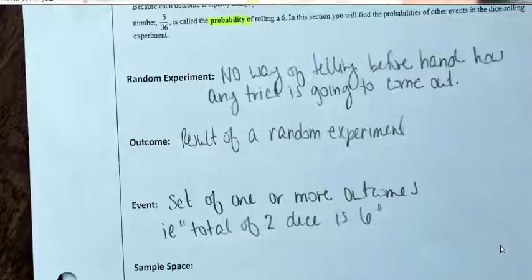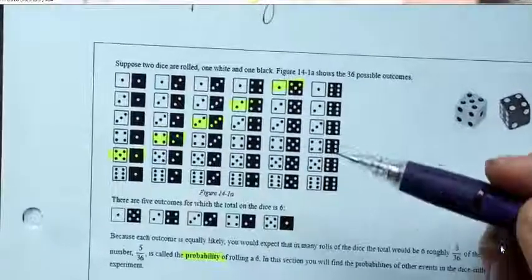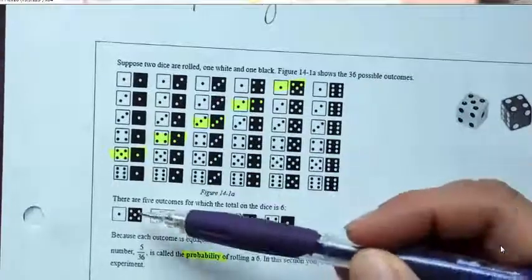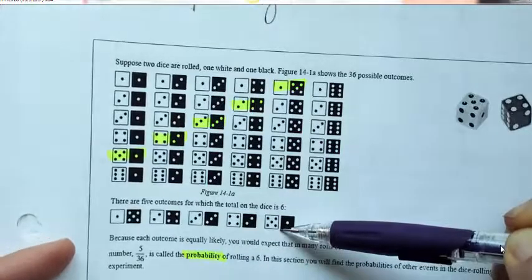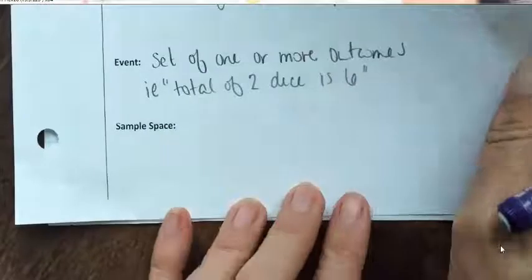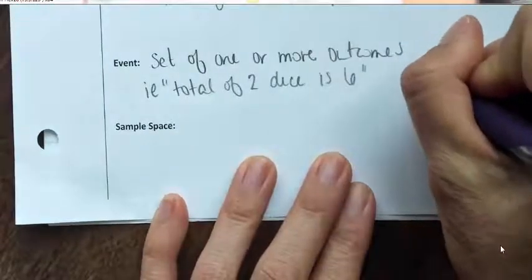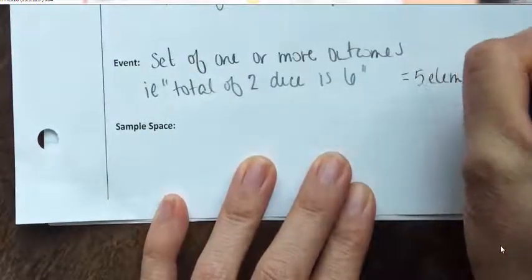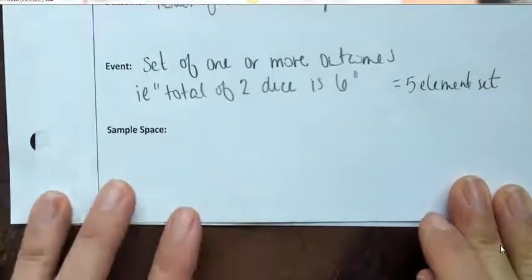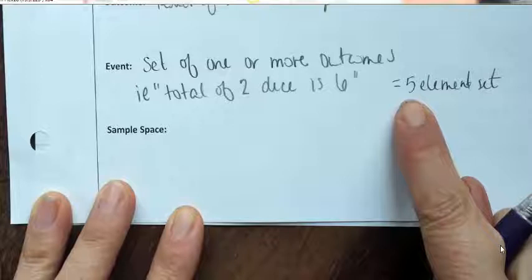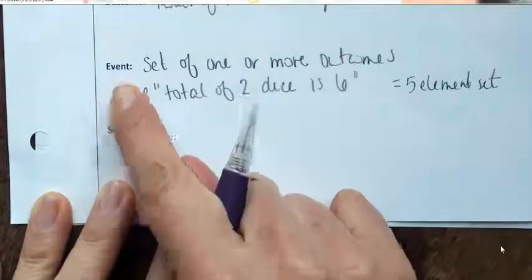And so what we have here is a 5-element set. We have 5 times when this outcome happens. So our event is really a 5-element set.